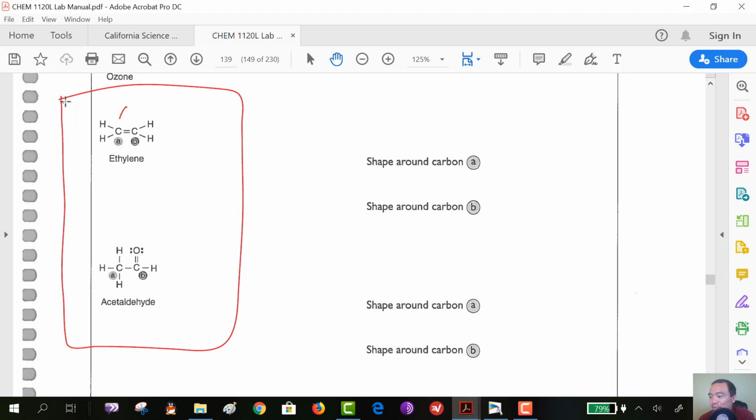For this carbon, on the left side, you have 2 single bonds, and on the right side, you have a double bond. So 2 single, a double. Remember, a double is also considered 1 electron group, and no dots surrounding this particular carbon. So SN for the left side is 3 bonds plus no lone pairs. This gives you 3. Refer to page 136. That will give you trigonal planar. That's what you write down over here. Trigonal planar shape.